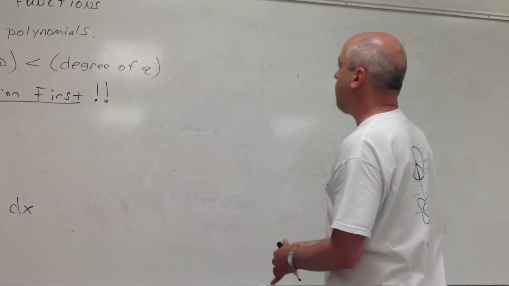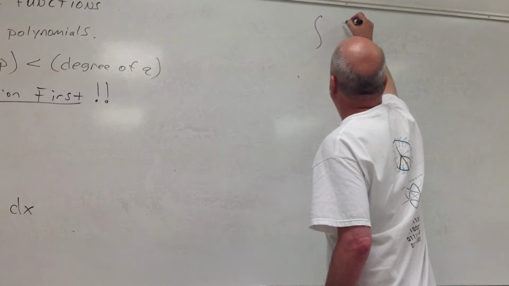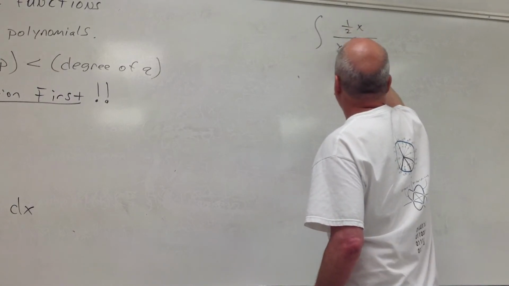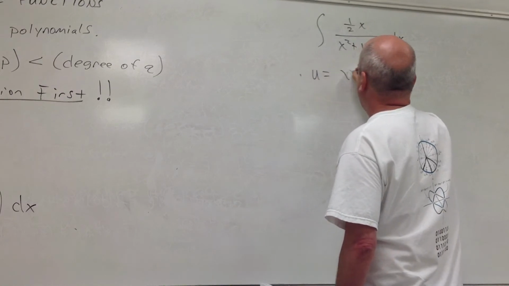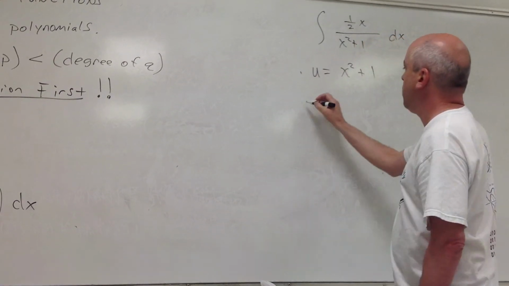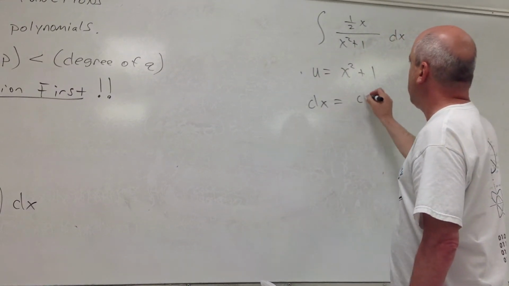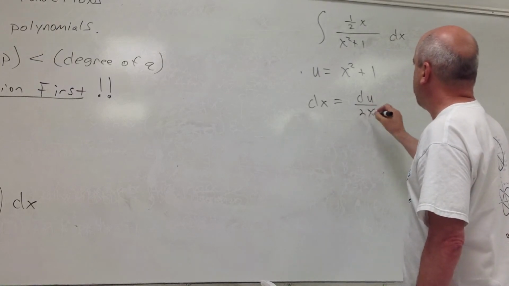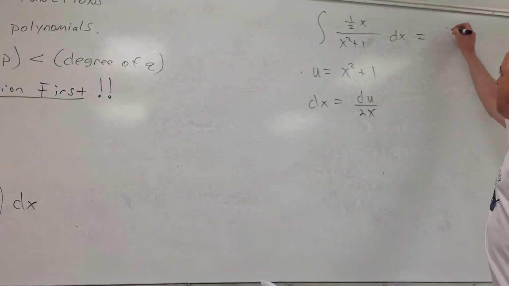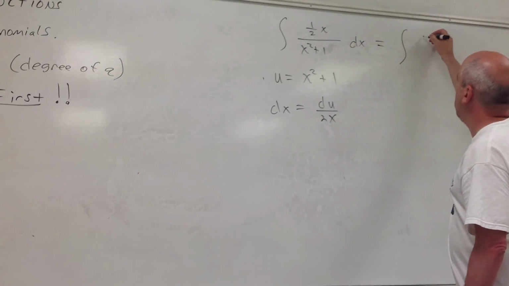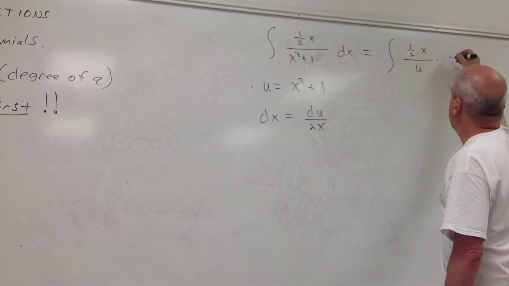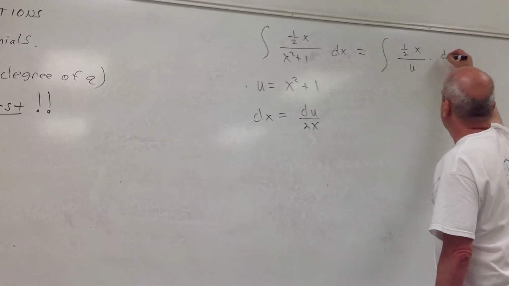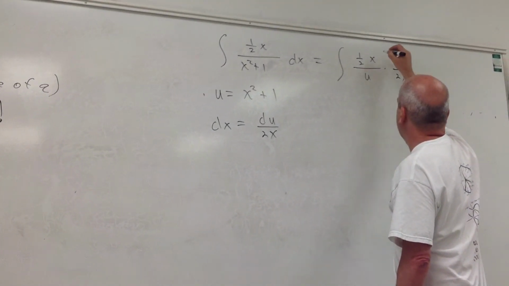So for the integral of 1/2 x over x squared plus 1 dx, we let u equal x squared plus 1. dx is du over 2x. So we have the integral of 1/2 x over u times du over 2x. x is canceled.